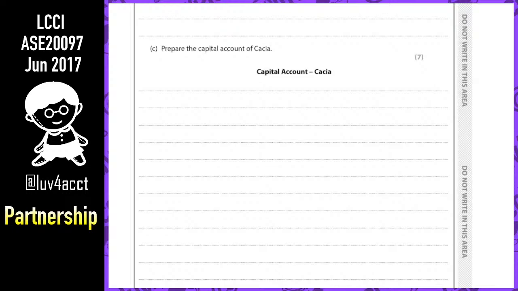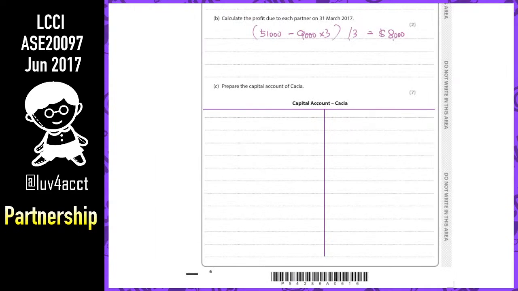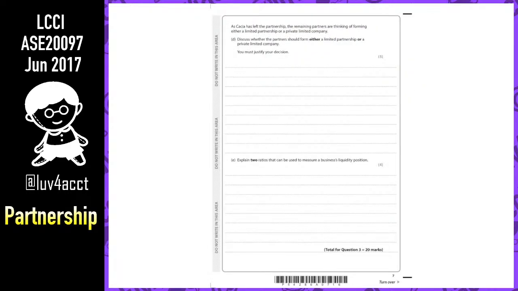Prepare the capital account of Cassia. Okay, so it skips steps in between. You have to know what else you have apart from the answers that you have to write.